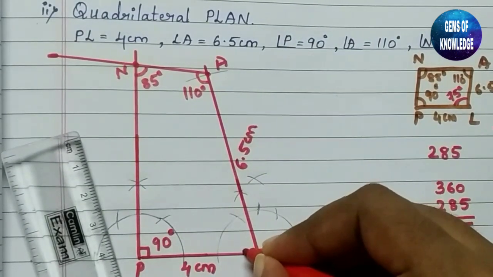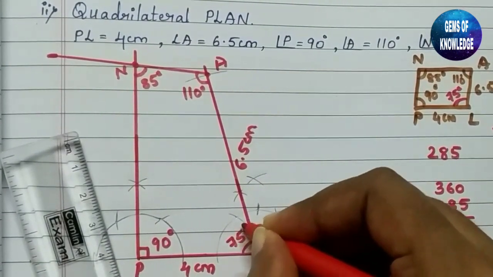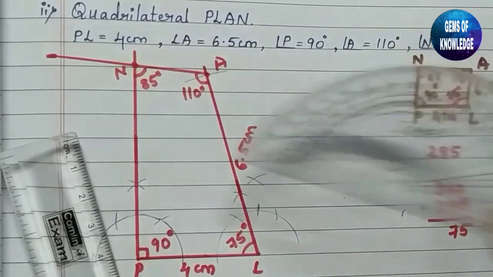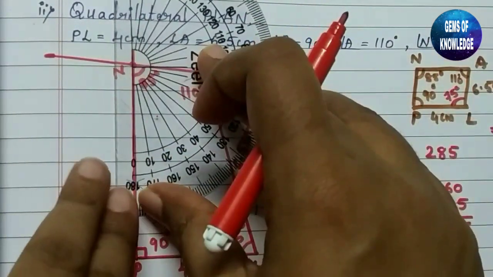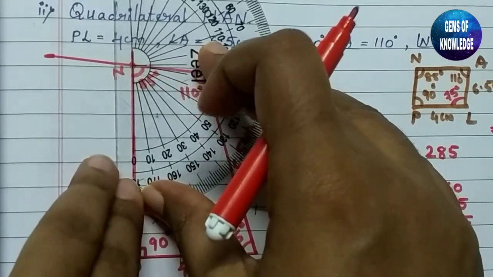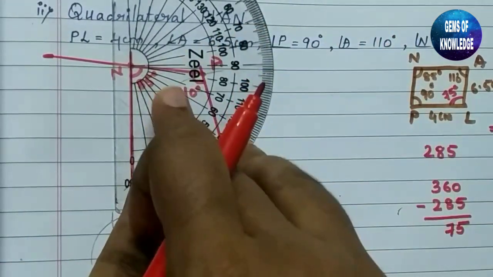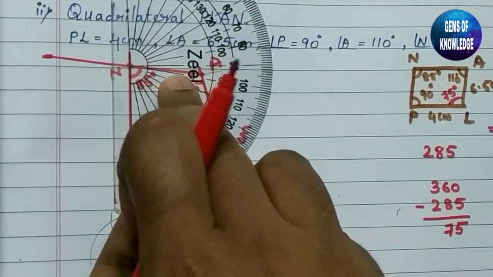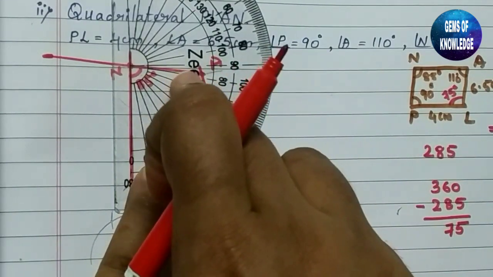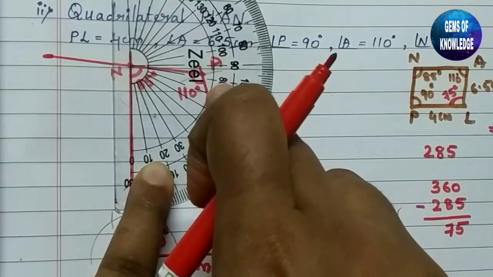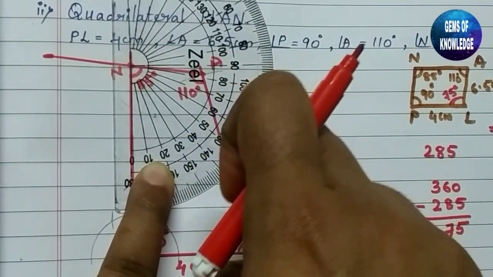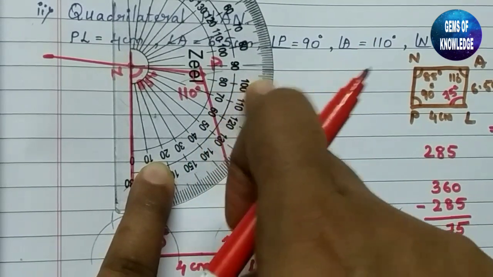So this was our 75 degree. As you can see here, we got 85 degree over here. You can see this point. This is 80, and between this 80 to 90, we are getting 85 degree.